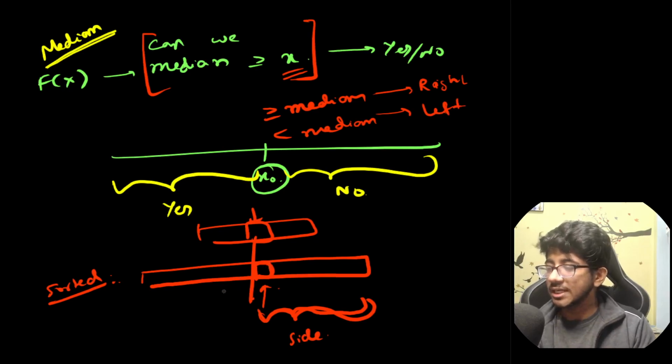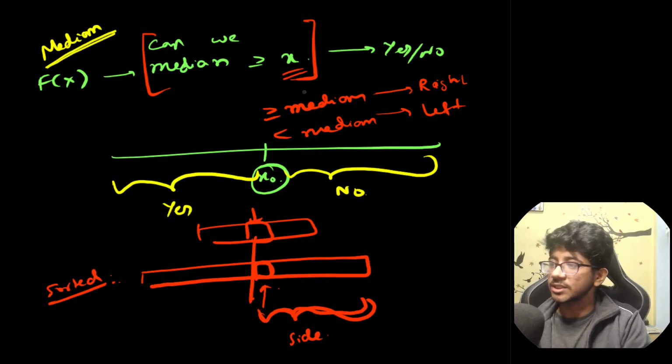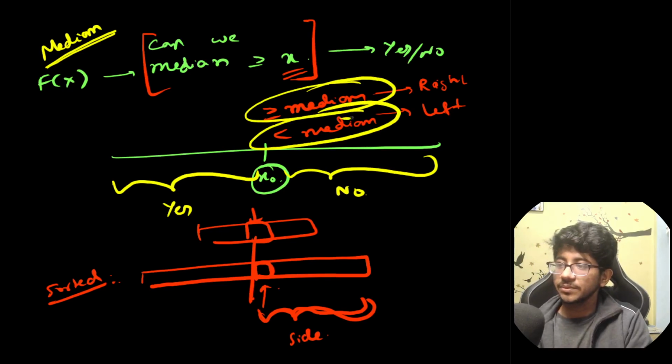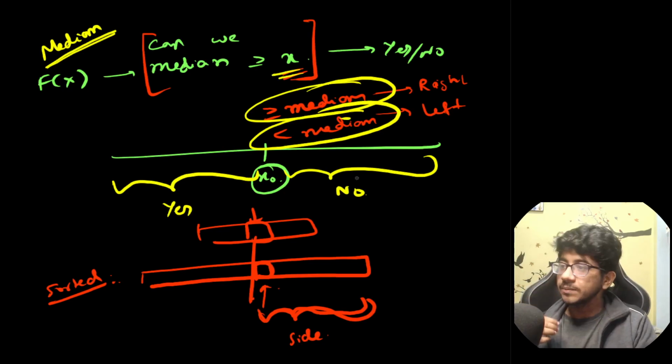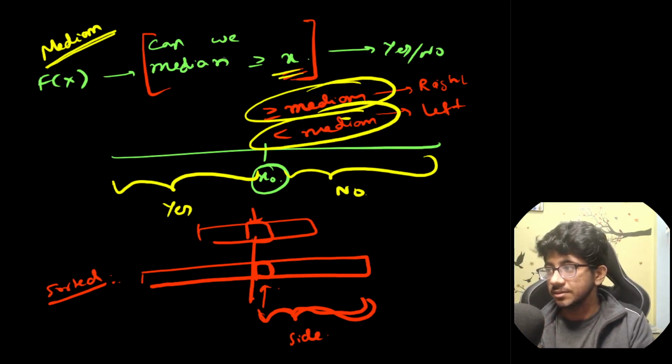So we need to make sure that there are more elements of this type than this type. Then that particular x is feasible, right? I mean, if we want to get median greater than or equal to a particular value, then this line should definitely skew on this side, not on this side.